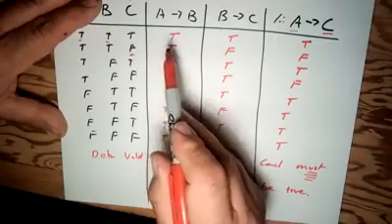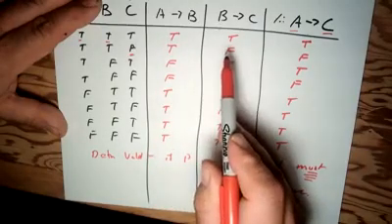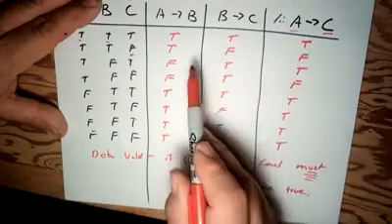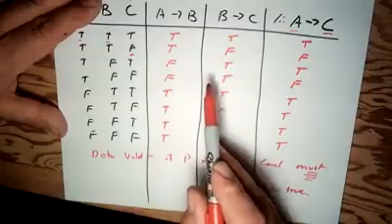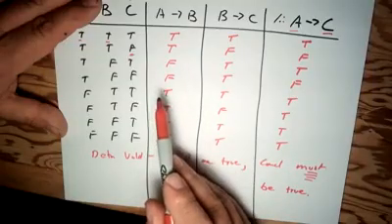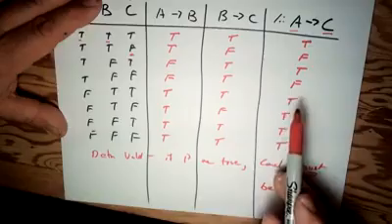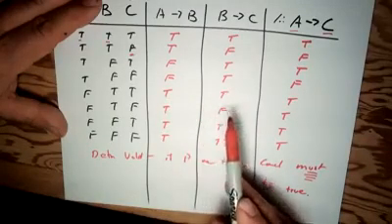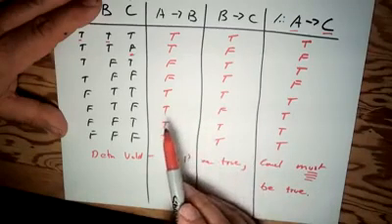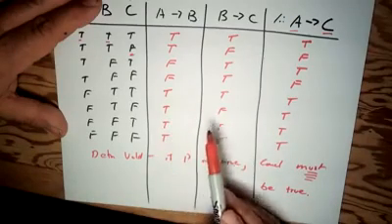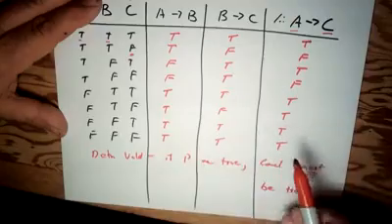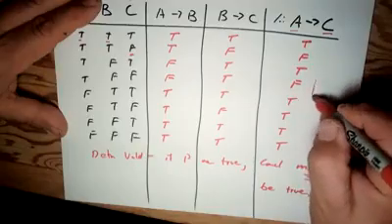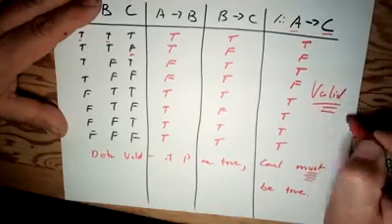So that's true in line 1. Line 2 has a false premise, so the conclusion can do whatever it wants. Likewise on lines 3, 4, line 5, true premises lead to a true conclusion. Line 6, we have a false premise, so the conclusion can do whatever it wants. Line 7 and 8, true premises lead to a true conclusion. And so that satisfies this definition.